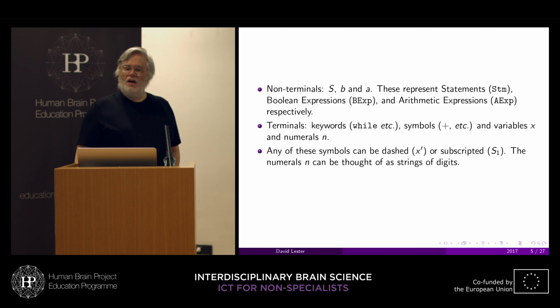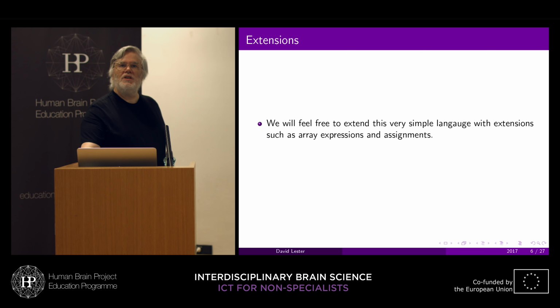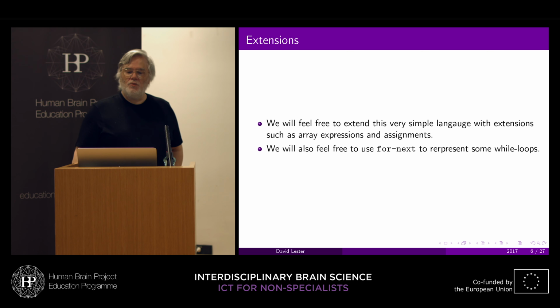And we can use dashing or subscripting to represent different ones. We'll feel free to extend this very simple language with extensions such as array expressions and assignments, and we'll see that shortly. And we're also going to use a for next construct to represent some of the while loops.